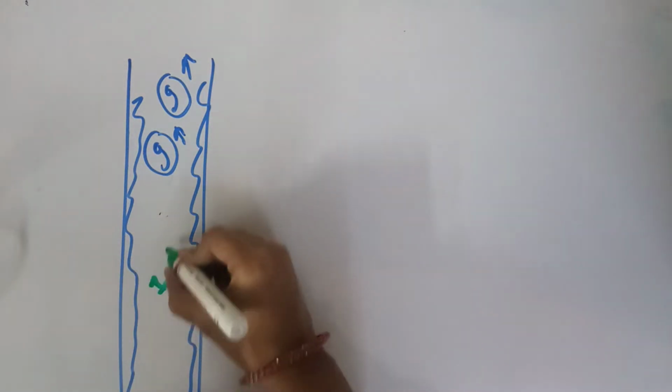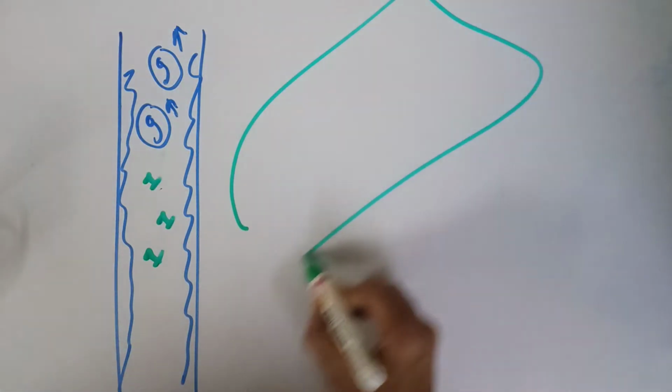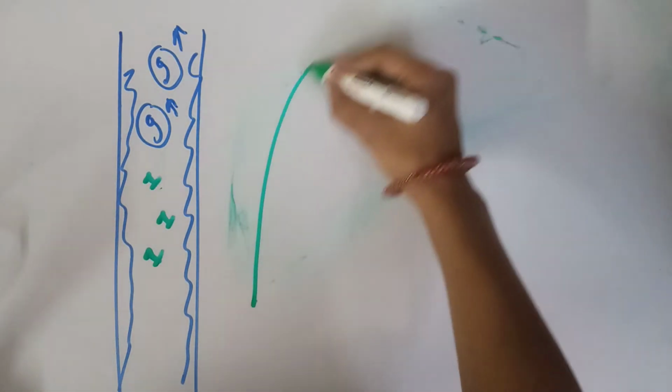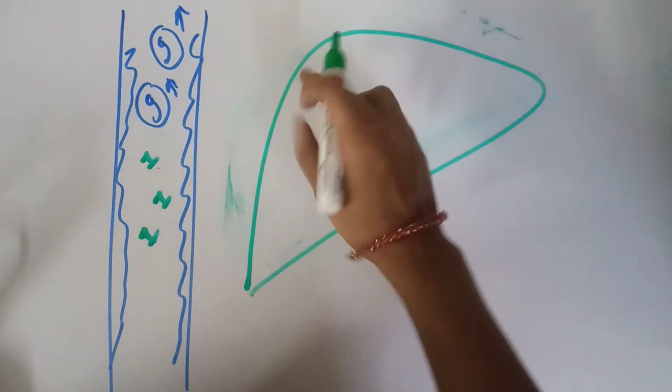Now the condition is what? Insulin is released inside your blood. So what will happen next? This is, suppose, your liver. Sorry, I will draw it right away. This is our liver.